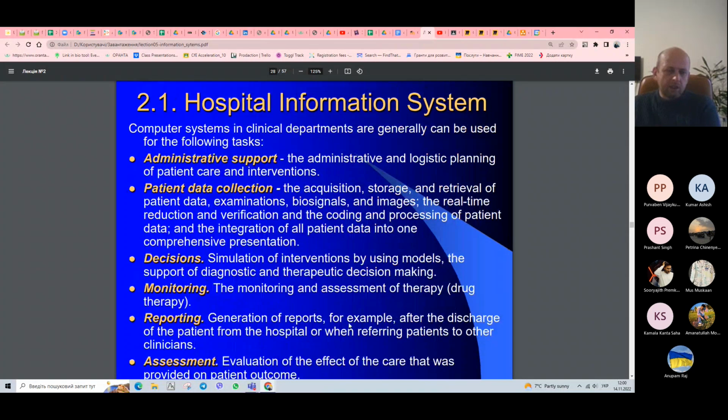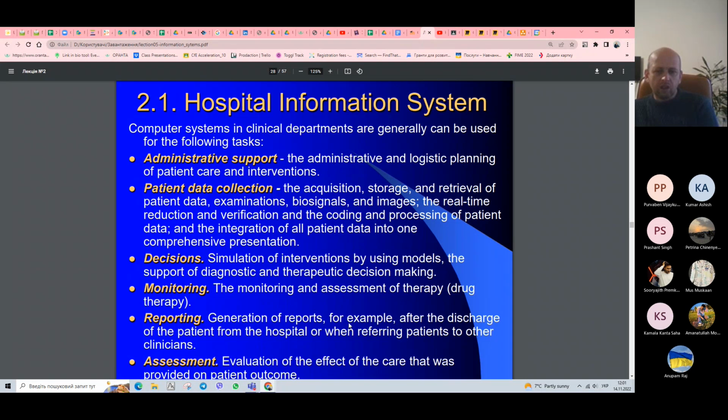Hospital information systems, computer systems in clinic departments, can generally be used for the following tasks. Administrative support: the administrative and logistic planning of patient care and intervention.